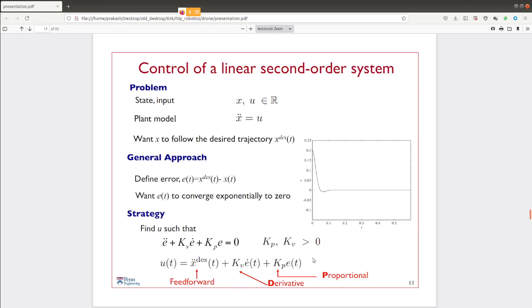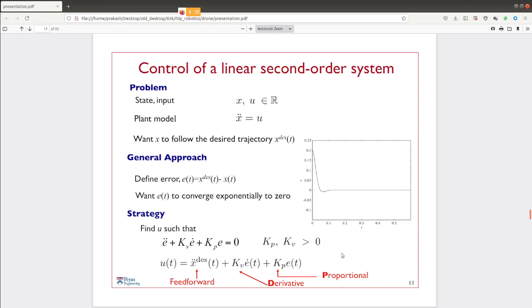And if I choose this sort of control strategy, and if I choose my Kv and Kp to be positive values, automatically it looks like a spring mass damper system, and automatically the error will die down. So that strategy is known as PD controller.